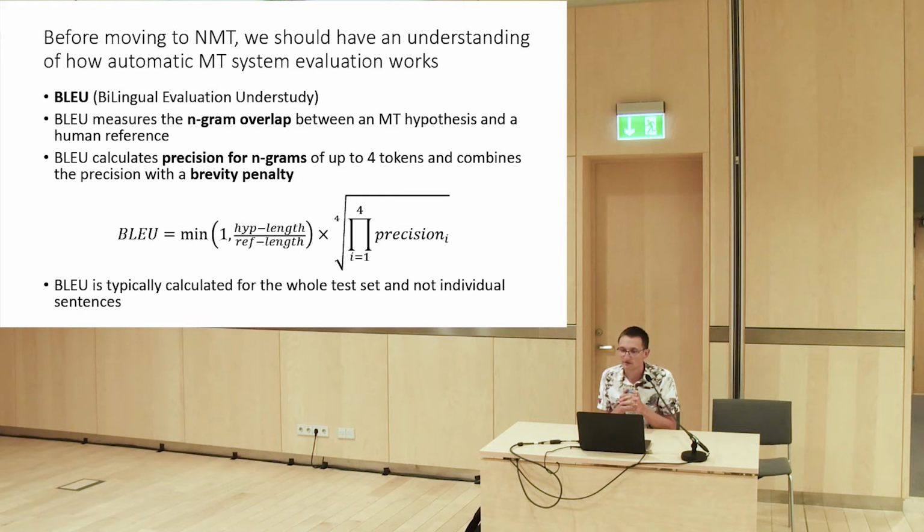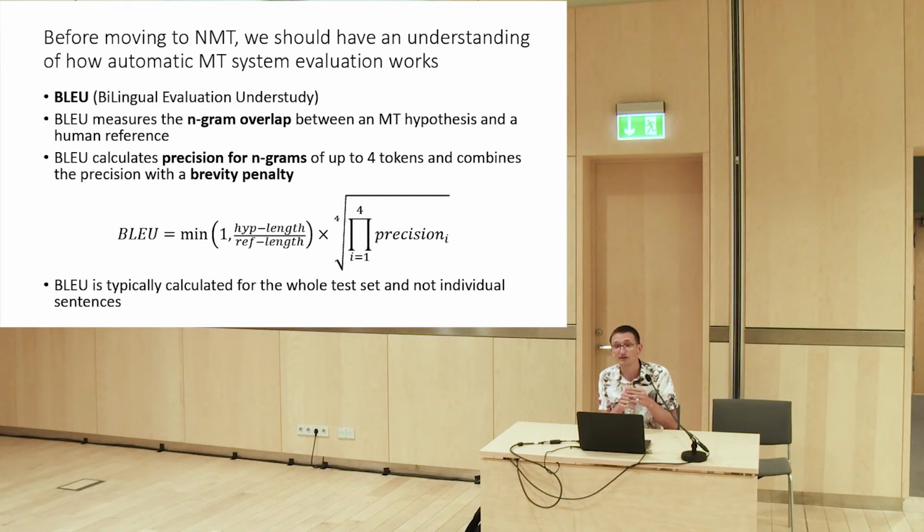There is an abundance of automatic evaluation methods that can be used to evaluate machine translation systems. Some 5 years ago, I saw a number in a presentation at a conference that there were 70 or so evaluation methods available for machine translation.